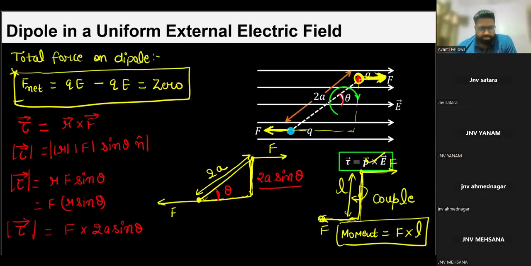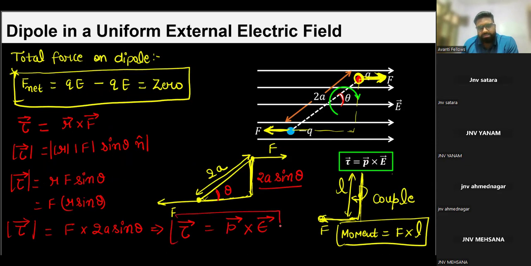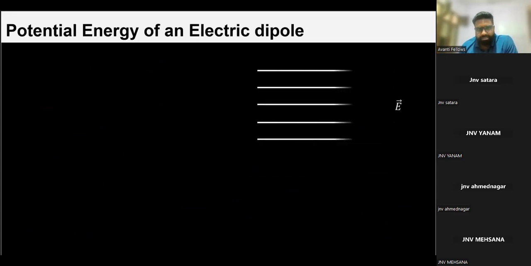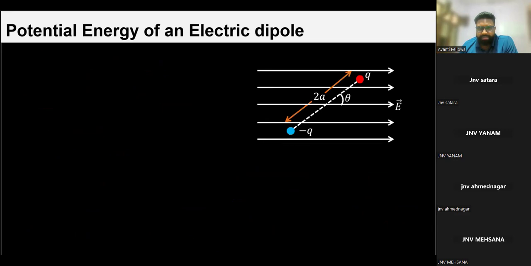Okay. So we can write that torque vector is equal to, or also you can see it from here, P vector cross E vector. This is the cross multiplication, vector multiplication. Okay. Now, if you talk about the potential energy of the electric dipole, same thing we have done.